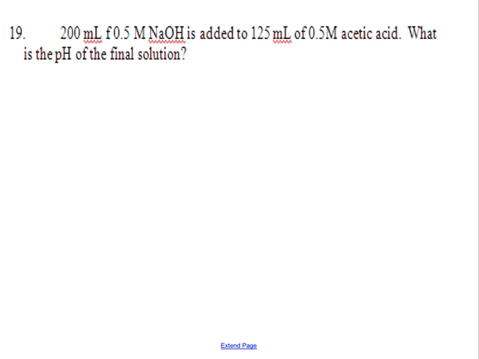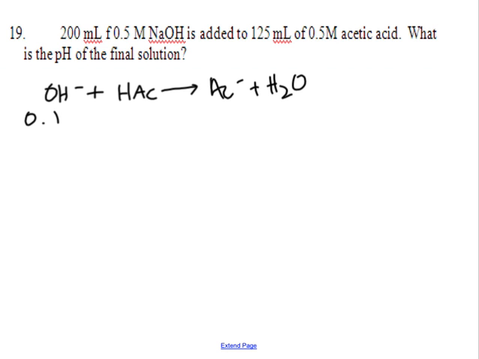All right. Here we go. We're going to have sodium hydroxide added to acetic acid. That's another invader. What is our equation? OH minus plus HAC, and it's going to go to completion and give us AC minus plus water. So this time to do the war, again, we're going to need moles. So 0.2 times 0.5, 0.1.